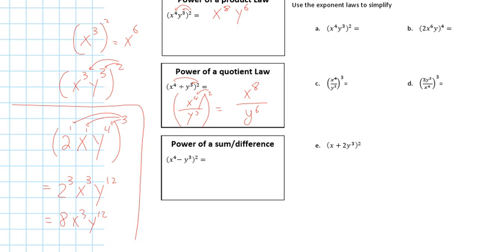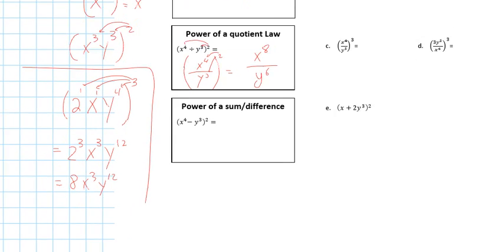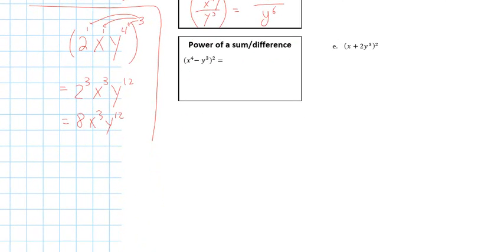Now remember that if I have, let's say, 5x over y^3, all to the power of 2, what would you do? I would multiply the exponent, so it would be 5x to the power of 2 divided.